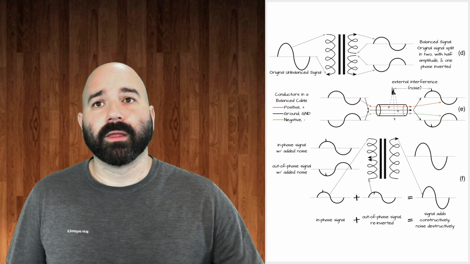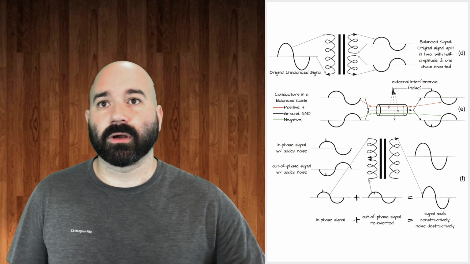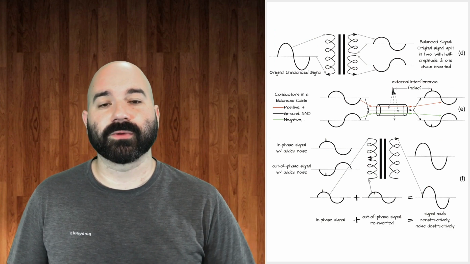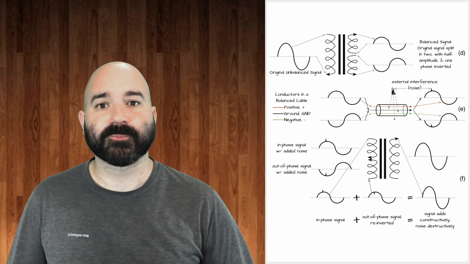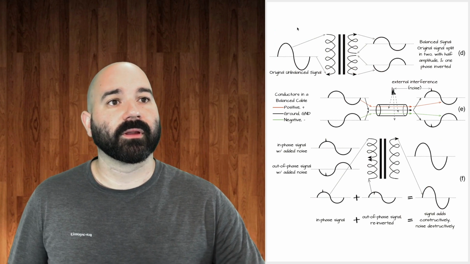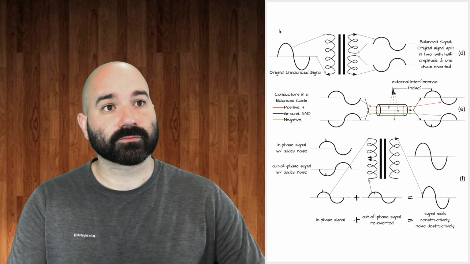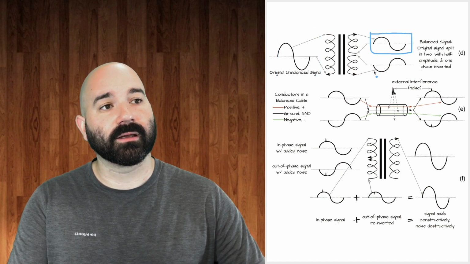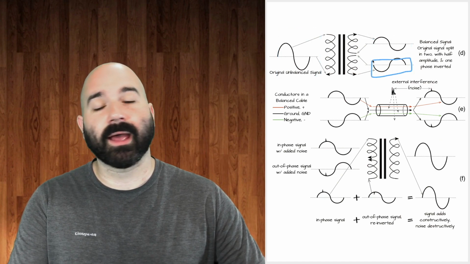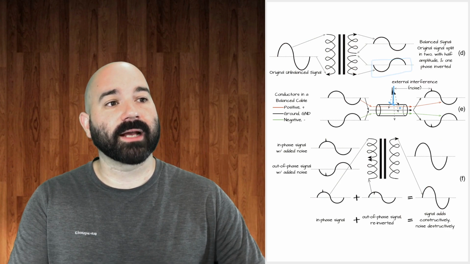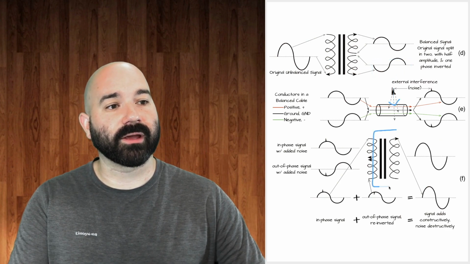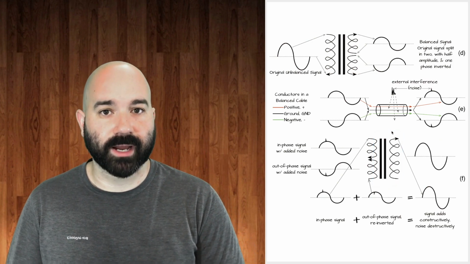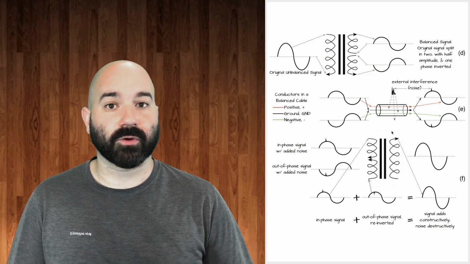And so that is everything you need to know about a balanced signal method. It uses transformers via electromagnetic induction. It takes that signal, splits it in two, one half in phase, one half out of phase, and then as it's summed together on the other end, all of that induced interference will be phase canceled out, but it doesn't fix the ground loops.